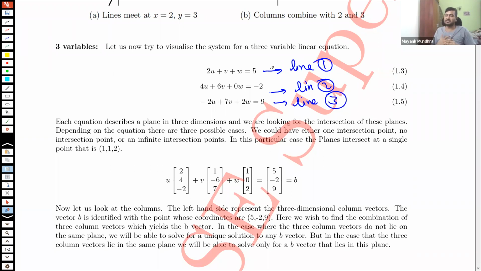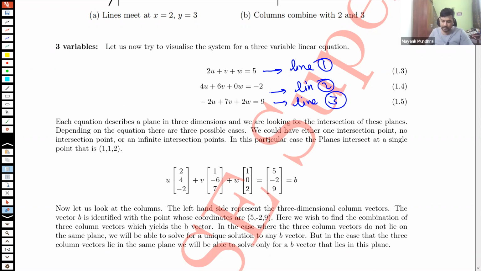If you have, let's say, 10 different equations in 10 dimensions, then each of these equations represents a line in 10 dimensions. Now, obviously, imagining a line in 10 dimensions is not possible because our world is restricted to 3 dimensions. We cannot go beyond 3 dimensions in our imagination.